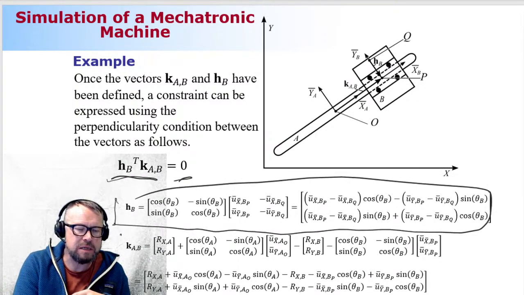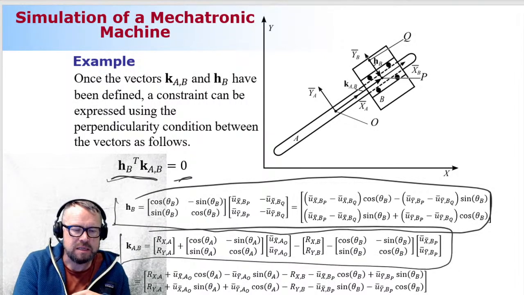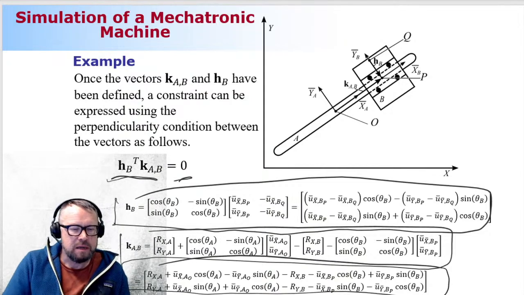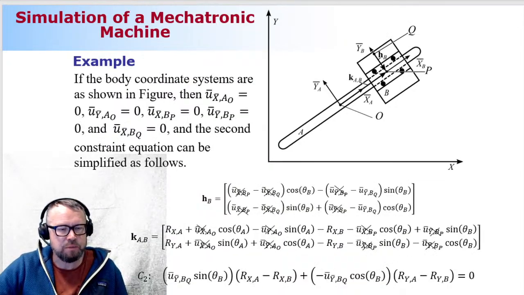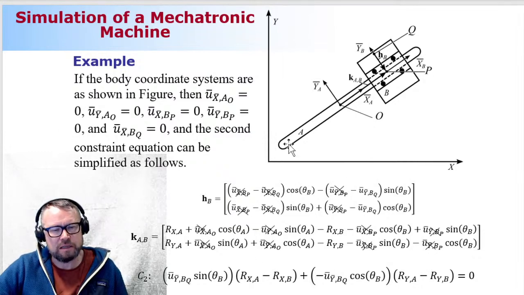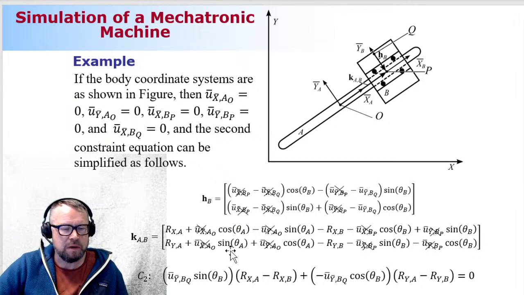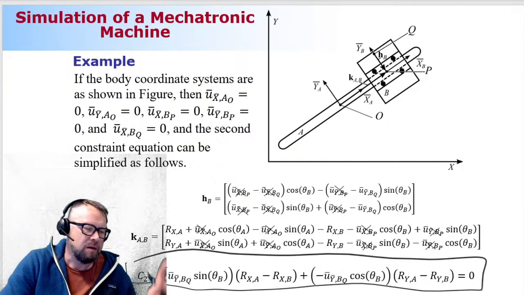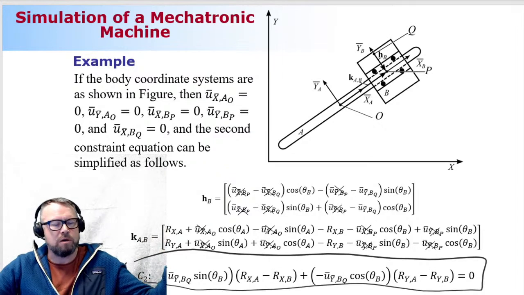So this is HB, KAB, similar way. This is finally how the vector KAB can be written. And then I'm setting that perpendicular condition. And when I'm using the configuration as shown in this figure here, my second constraint equation will be a scalar component.